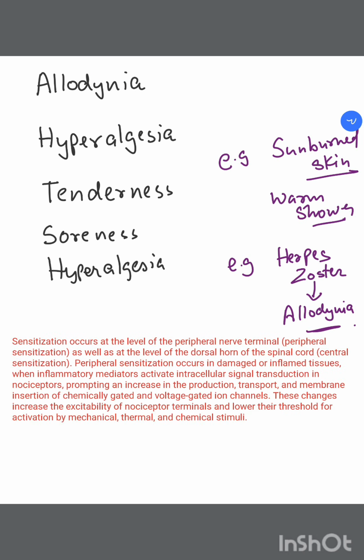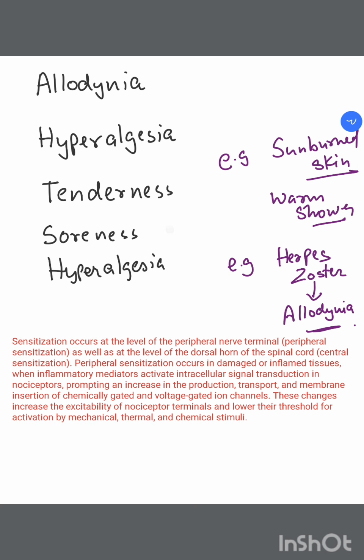So there are different terminologies associated with sensitization. The first is allodynia. Allodynia basically means that even with non-noxious stimuli, the person feels extreme pain. The second is hyperalgesia. With mild noxious stimuli, the patient feels agonizing pain. Then there are terms like tenderness and soreness.